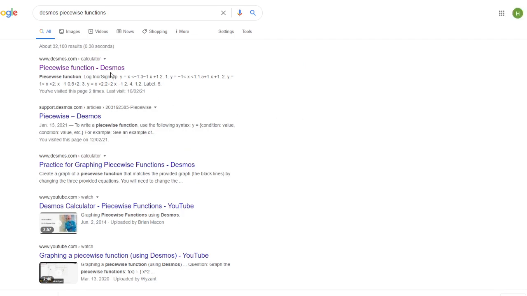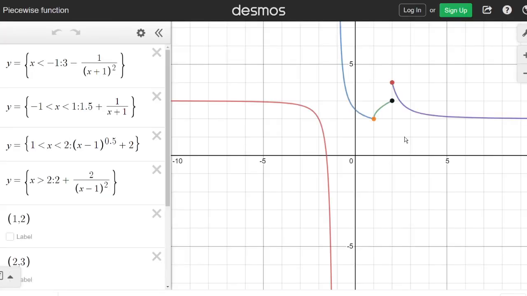If you search that, this graph will come up. You see the same graph, right? It's kind of interesting. Any questions about this?